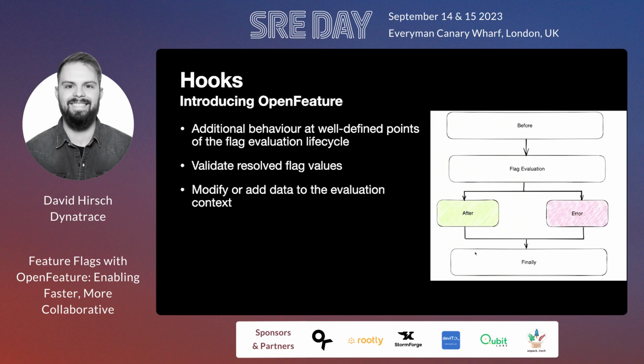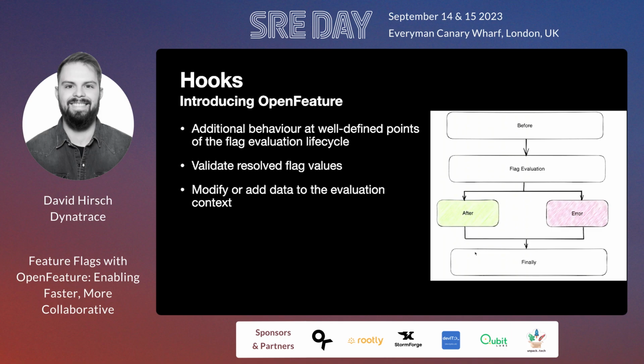The after hook, in the case of a successful evaluation of a feature flag, will simply give you the value. And if you have gone into a more detailed evaluation API, you could also get additional information. This is the part where you would get information that's useful for telemetry and similar. The error part, obviously, is in the case in which it does not succeed.